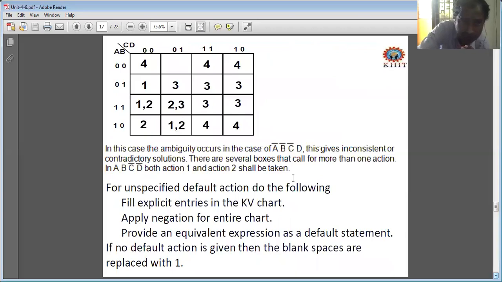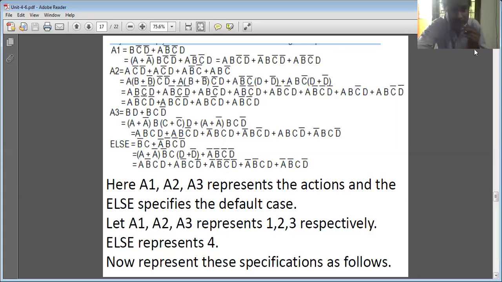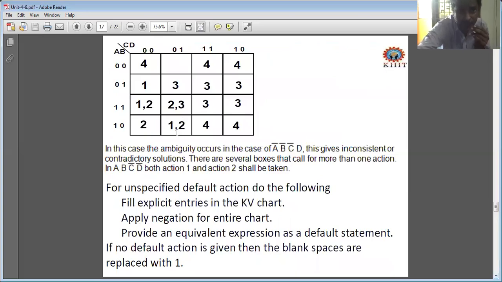Now represent the specifications as follows. A1 is A B C bar D bar, and so on.